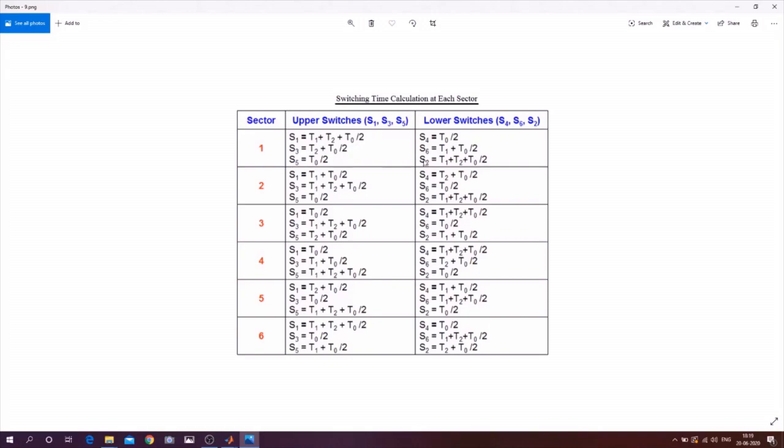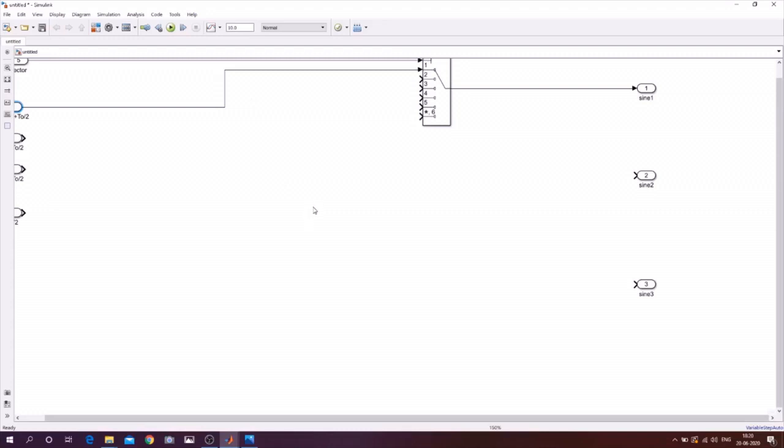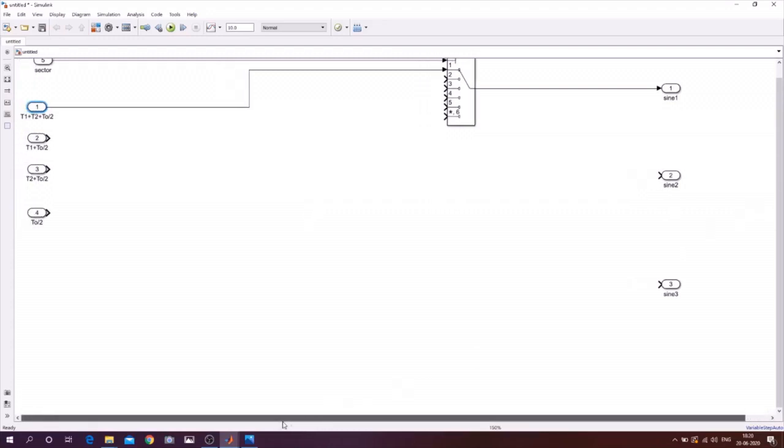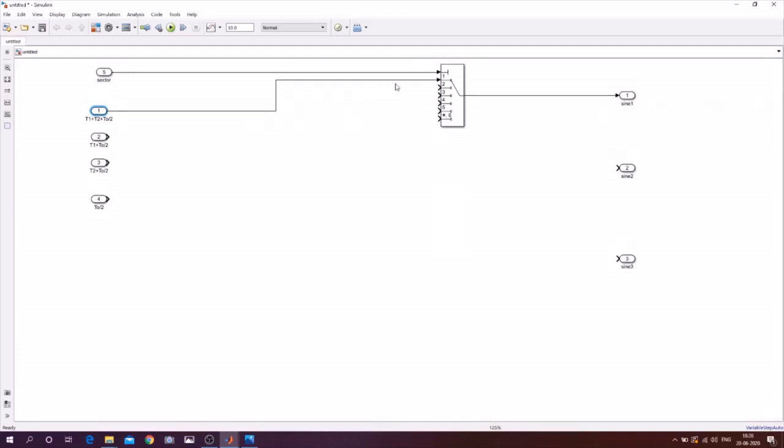The same thing is repeated in switch 2 also. Okay, so switch 1, this value will go here and T2 will be connected over here. That is, switch 1 and switch 2 are having this time period.